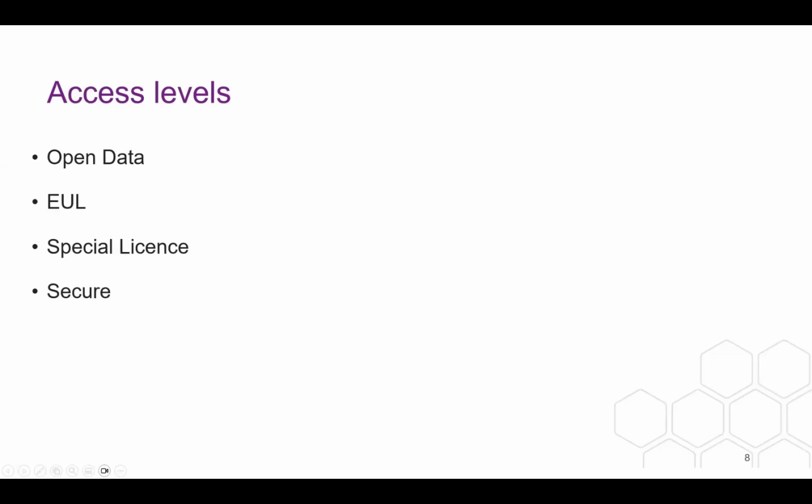The data sets in our collection all have different access levels. This dictates who can access the data, the steps needed to access the data, and how they need to store and access the data if they are granted access to it.